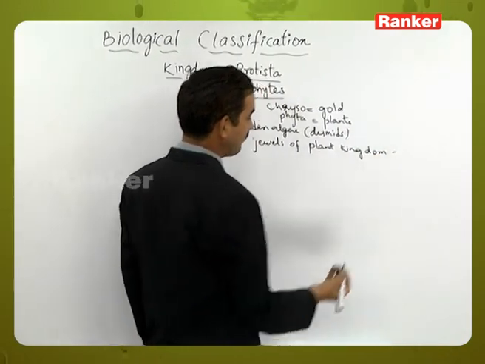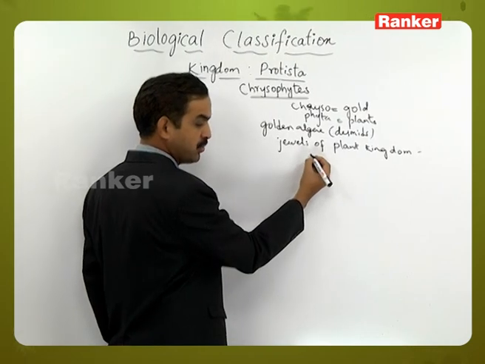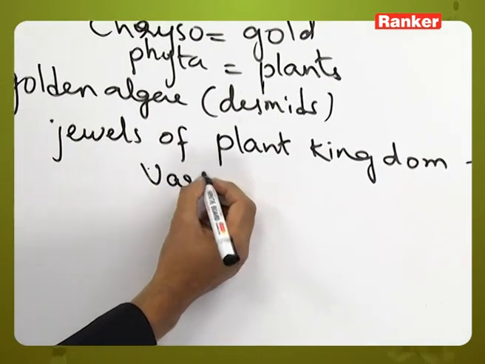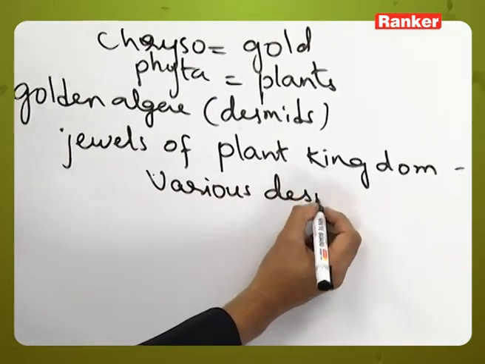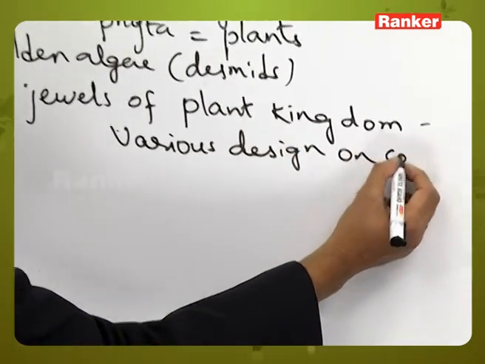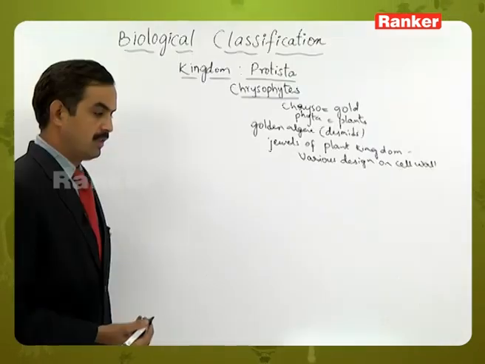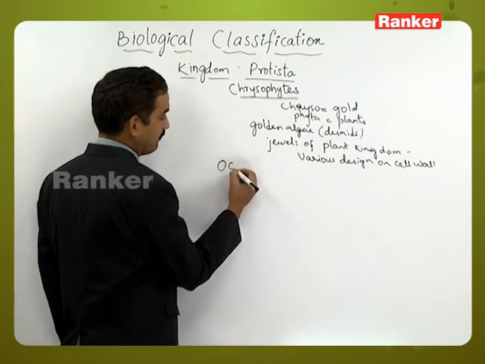They are called jewels of the plant kingdom due to the various types of designs on the cell wall. Then where do they occur?